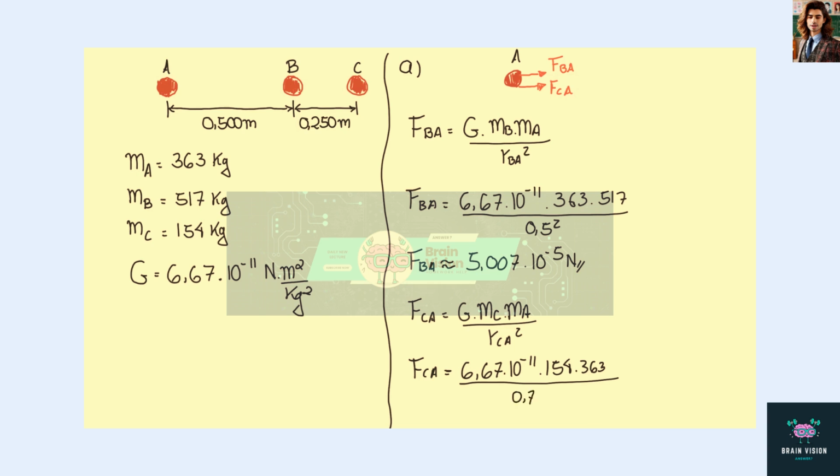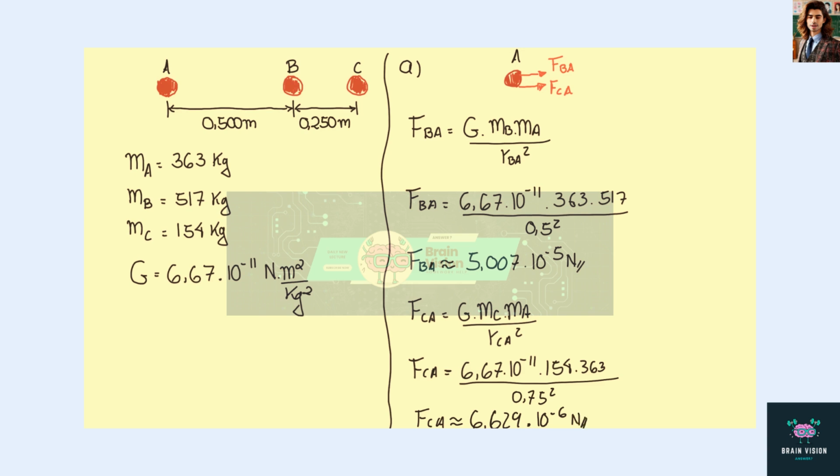So we have 0.75 squared down here. And this gives us a gravitational force of approximately 6.629 times 10 to minus 6 newtons.